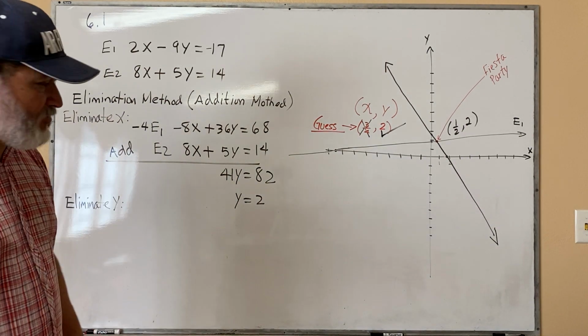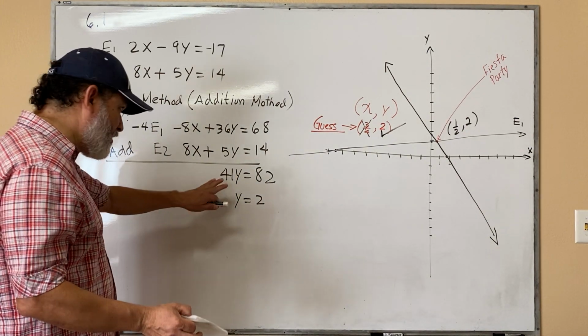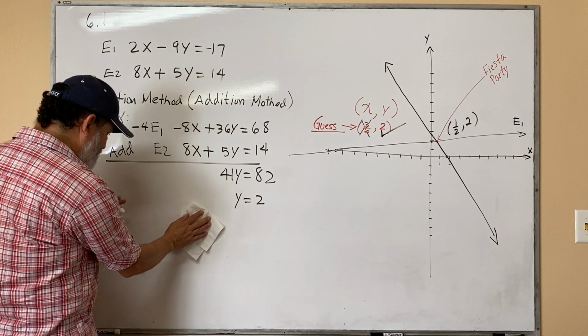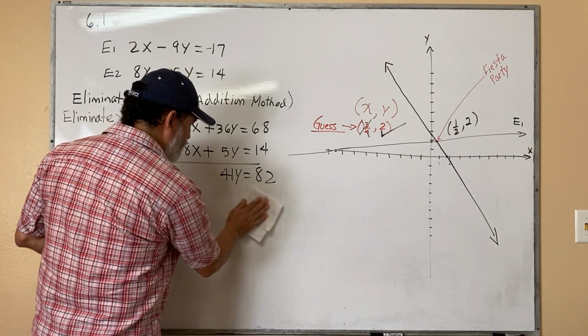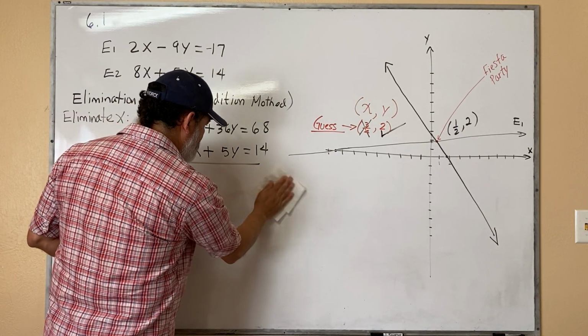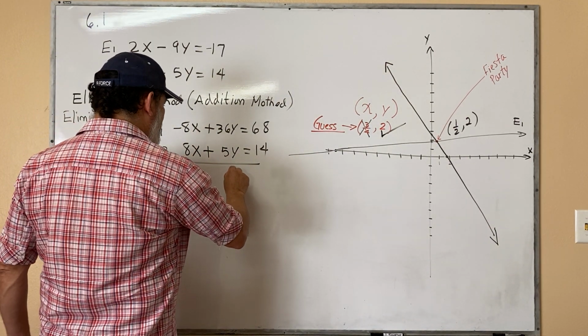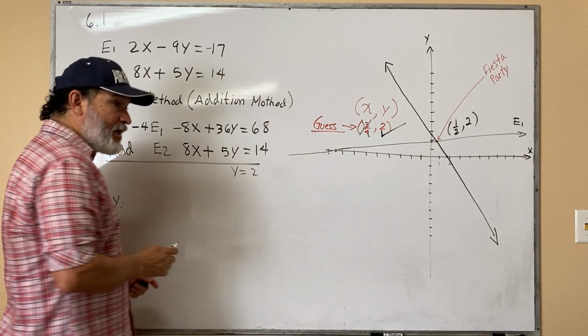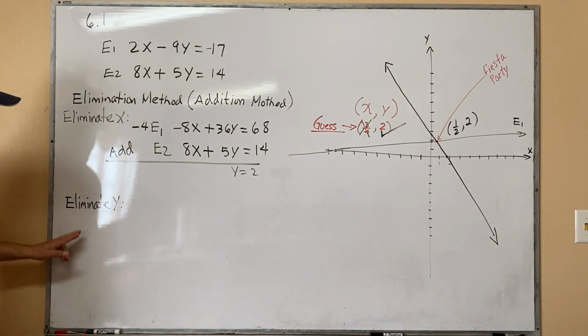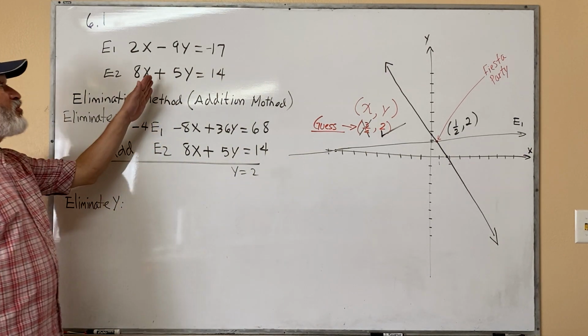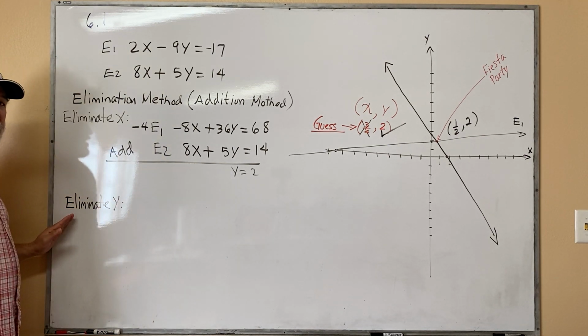So we have this, okay? We already have it. We got the answer, all right? Okay, so I'm going to need this little bit of room. So here we got that y is 2. Y equals 2. That's what we got. Now I'm going to eliminate y. You can plug it in if you want to, but you can also eliminate y.